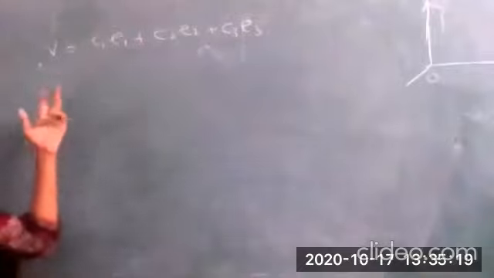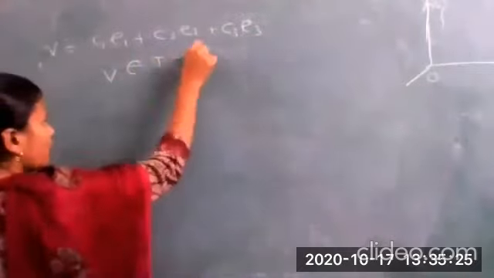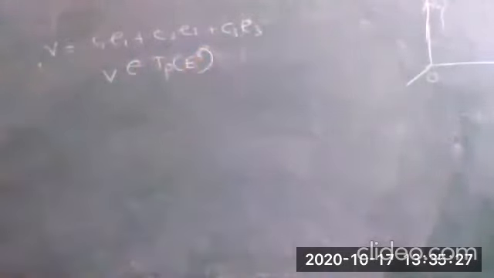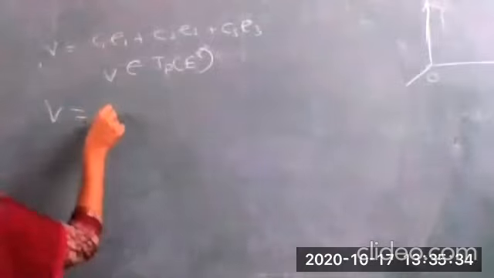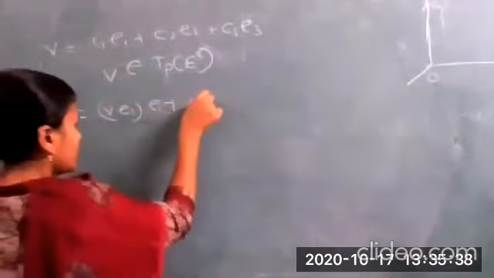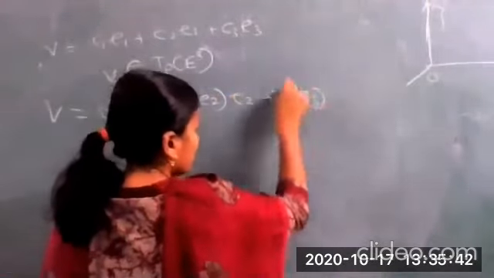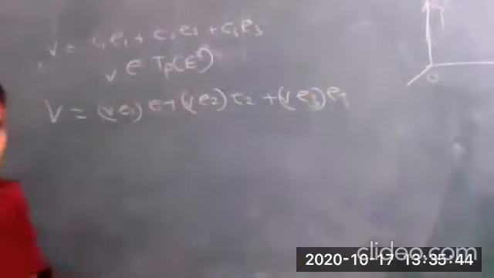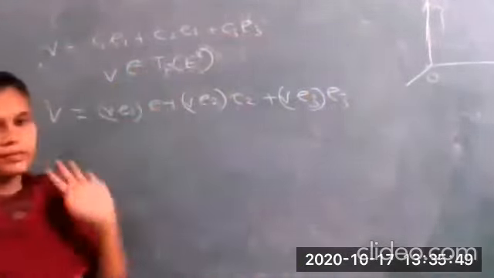So any tangent vector from TP of E3 I can now write as a linear combination of E1, E2, E3. What is our aim to prove? We have to prove V is equal to V1 E1 plus V2 E2 plus V3 E3. That is, we have to prove C1 is V1, C2 is V2, C3 is V3.